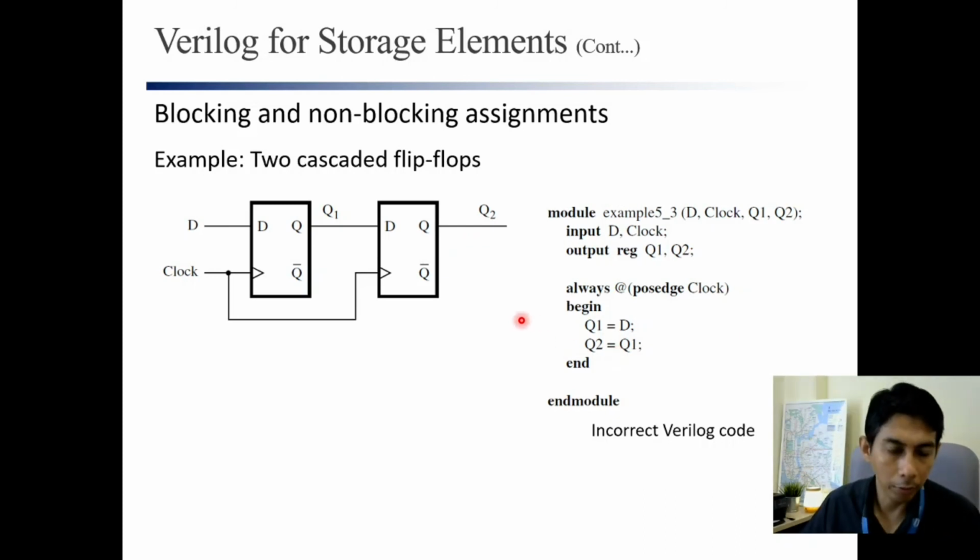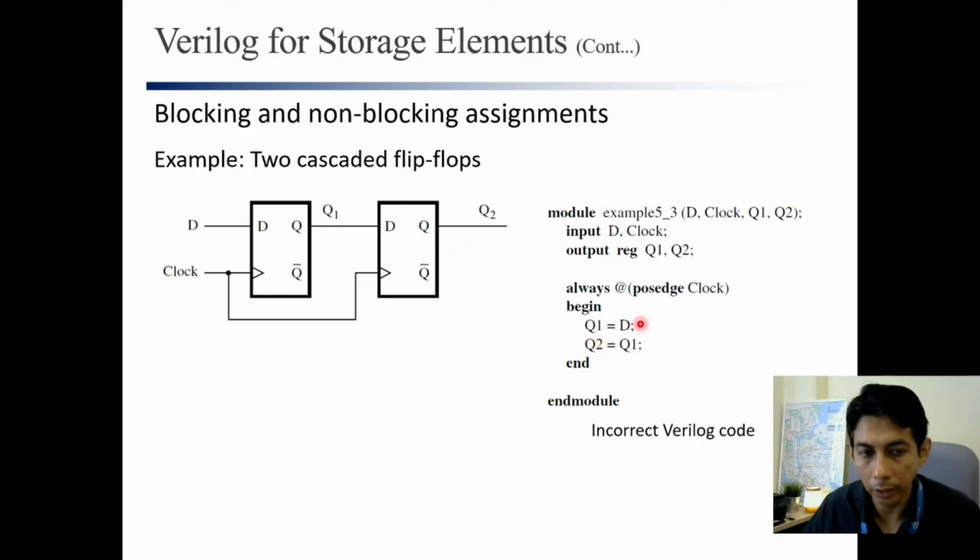But the problem is that when you use blocking assignment in an always block like this, remember that an always block is behavioral modeling, and the statements inside the always block are sequential statements. So the Verilog compiler will use the result of the previous statement to evaluate the second statement.